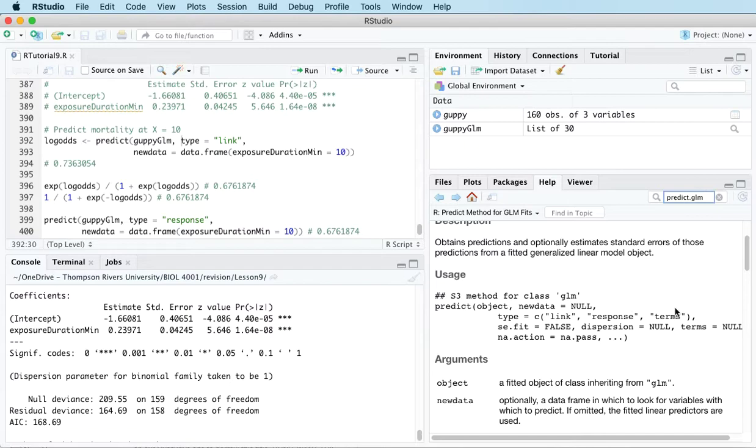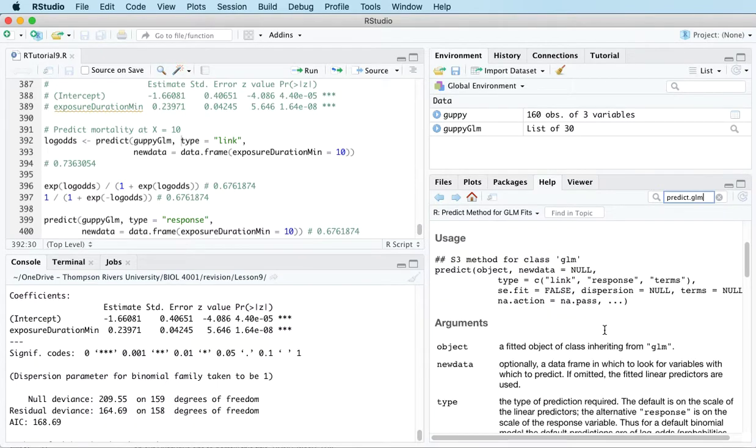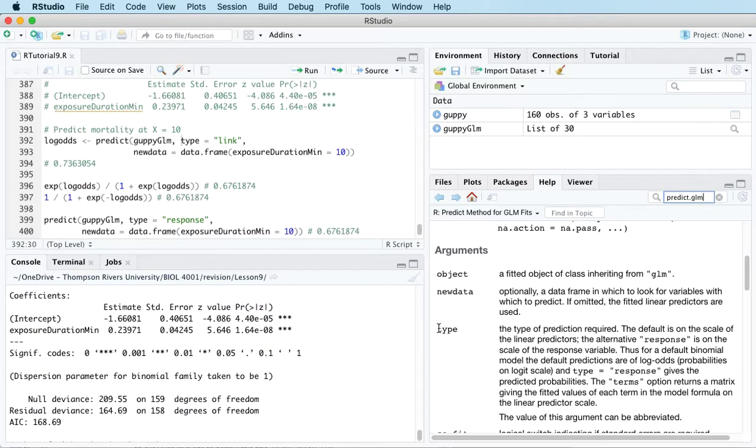That tells us all about predicting from a fitted generalized linear model. In particular we need to specify the type of prediction, and then we need to set up the data frame so that we can specify the value of the predictor at which we're going to make the prediction.